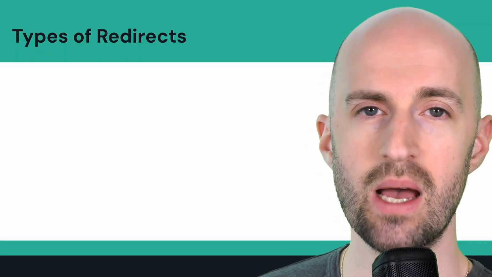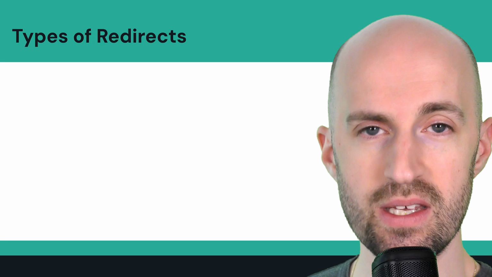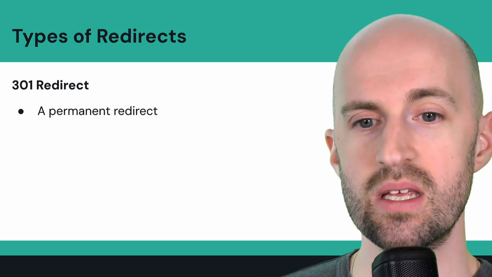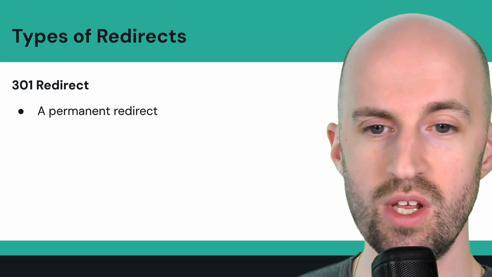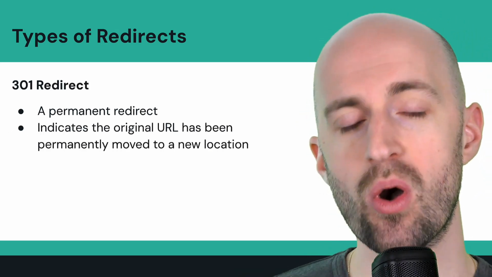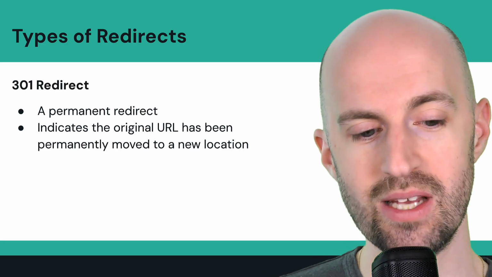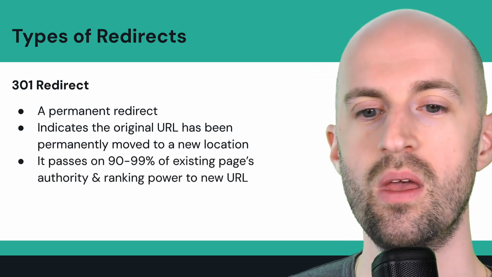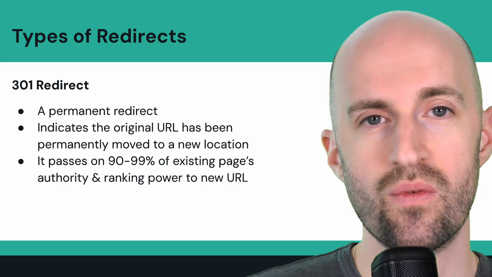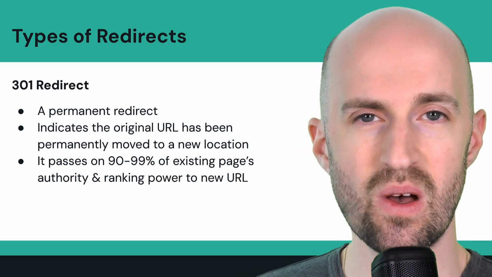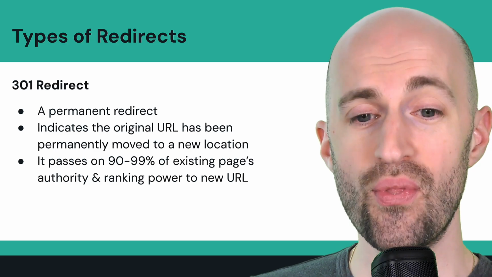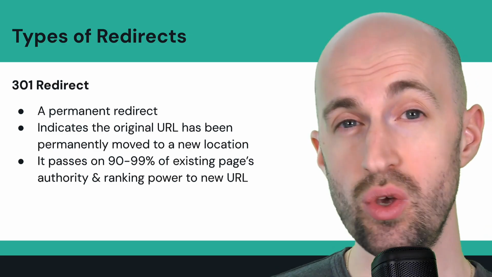So, a few different types of redirects, just so you understand which one to use. The 301 redirect is also known as a permanent redirect, and it indicates the original URL has been permanently moved to a new URL. Why it's crucial for SEO is that it passes on 90 to 99% of the existing page's authority and ranking power to the new URL.